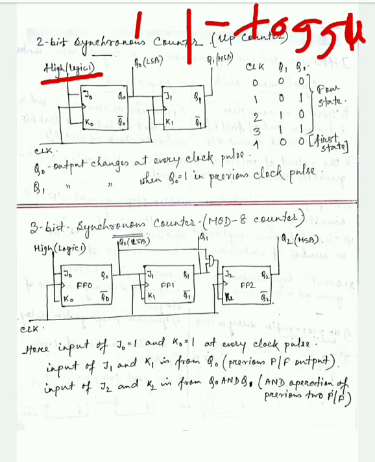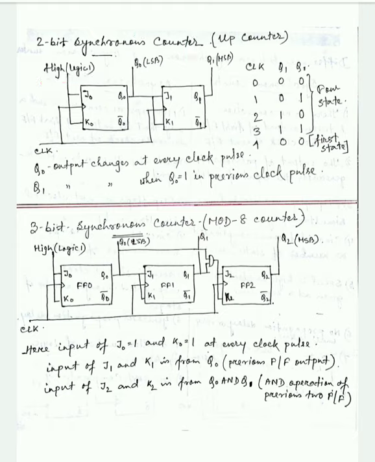Toggle case means it toggles its value. For one clock pulse it gives 0, and for another clock pulse it gives 1 as output. This is the toggle case. So one time 0 for one clock pulse and for another clock pulse 1, again for the next clock pulse 0, again for the next clock pulse 1.